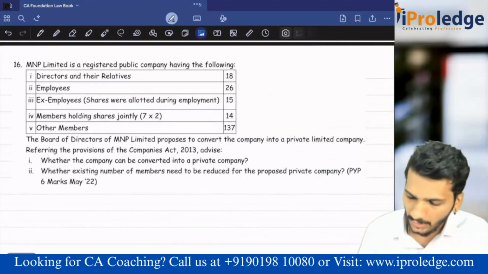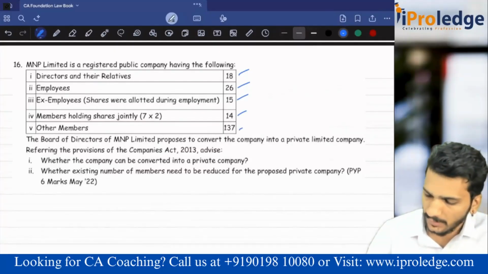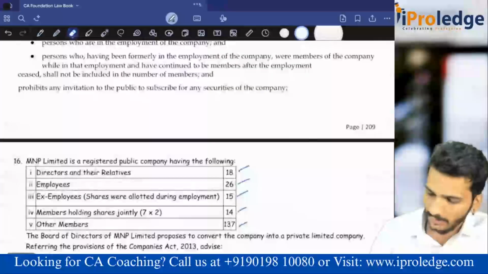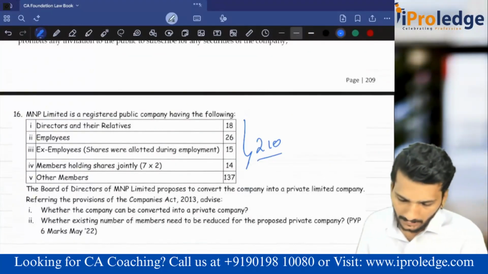See this question, totally: 18 plus 26 plus 15 plus 14 plus 137. Total is how much? 210. 210 members, right? Yes, yes.